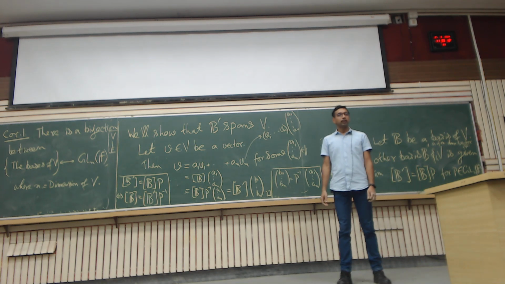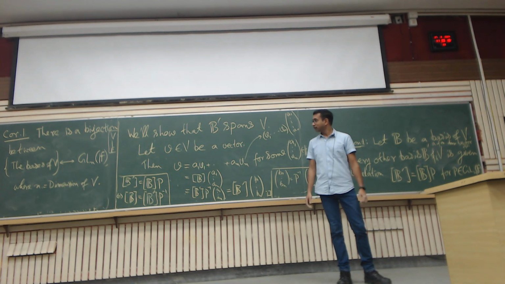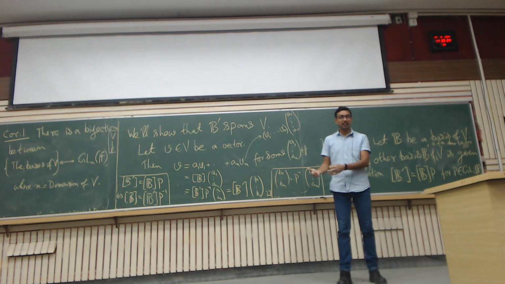I think that will prove the injective part. Actually it proves both, right? From GL_n(F) you are starting, and you are getting every basis of V. Then you have to just say that it's surjective. That is, given any basis, you get a matrix of change of basis.